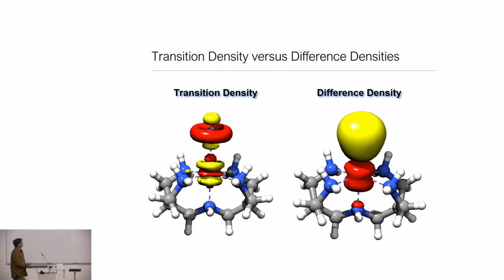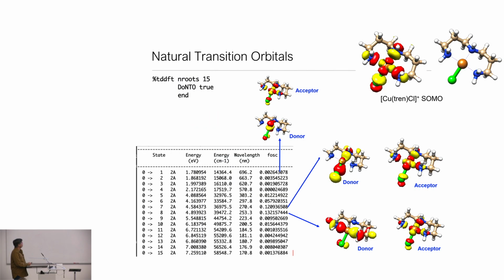I wanted to briefly bring one thing to your attention that I think is very useful when you start assigning optical spectra, and that is available throughout ORCA: natural transition orbitals. Say you have a complicated many-particle wave function, or a TDDFT state that looks very chaotic because each state has 15 contributions from different orbital pairs, and you wonder what it is that you're looking at.